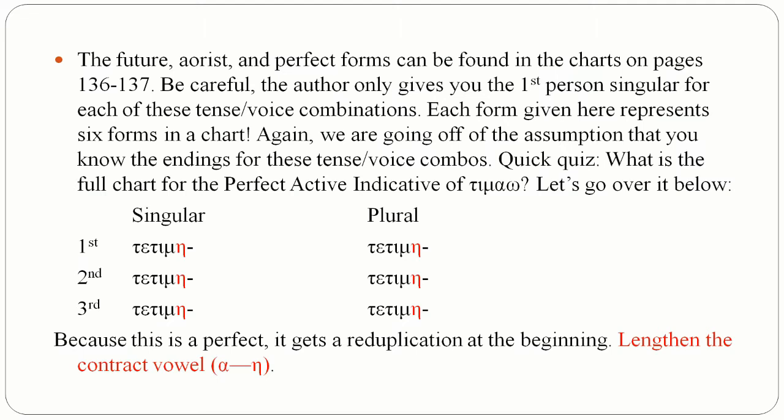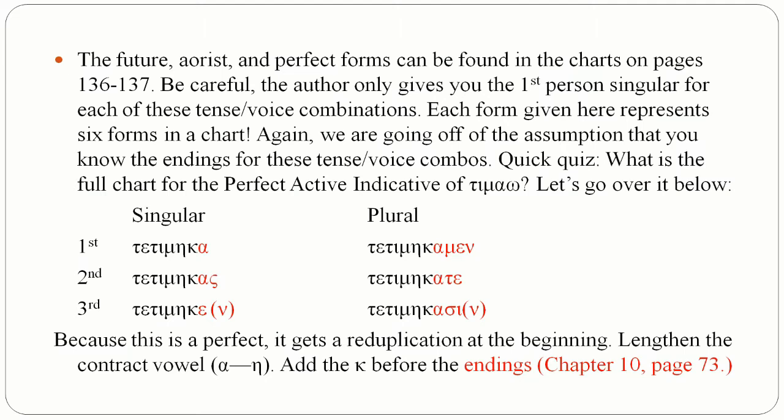Okay, alpha and epsilon lengthen to an eta. Then after we have lengthened the alpha to the eta, now let's go ahead and attach the kappa. Then after the kappa, finally, we're going to add the endings.